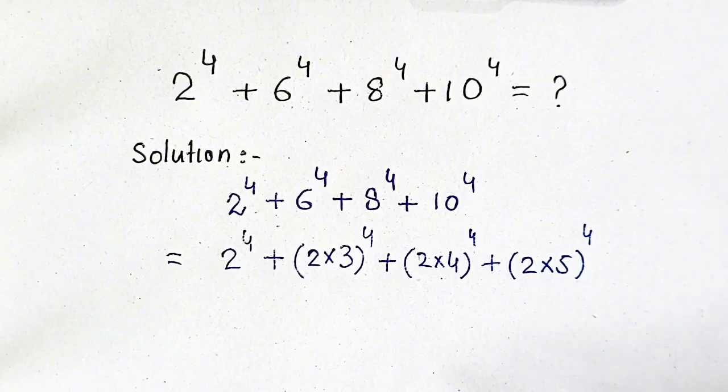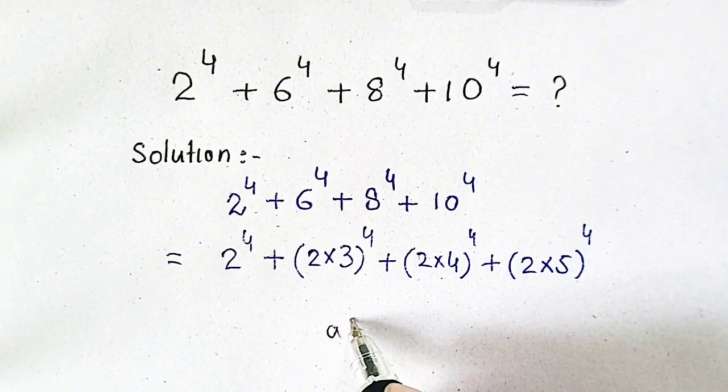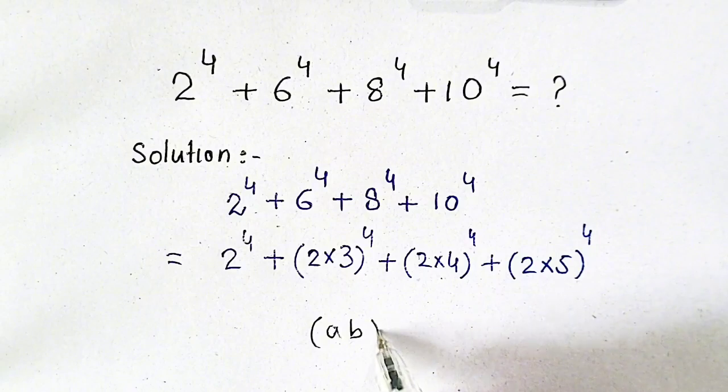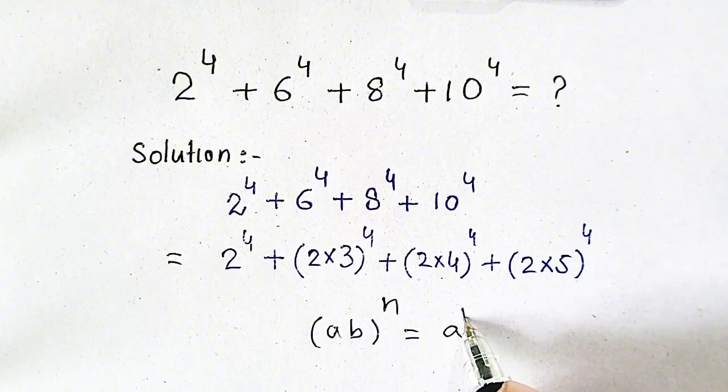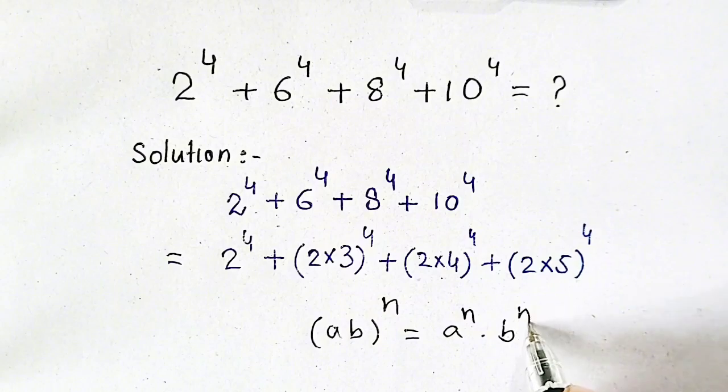Now we have a rule that (a times b) power n can be written as a power n times b power n.